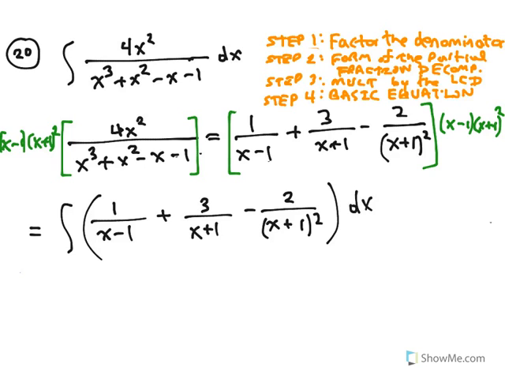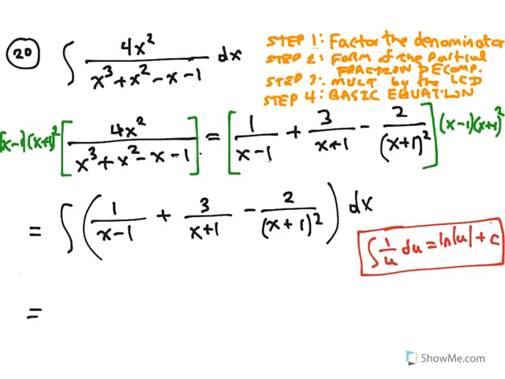But for the first 2 partial fractions, you can use the log rule for integration. And you will get, for the first partial fraction, natural log of the absolute value of x minus 1. For the second partial fraction, there is a constant factor of 3 in the numerator that you can factor out. And then you will have natural log of the absolute value of x plus 1.